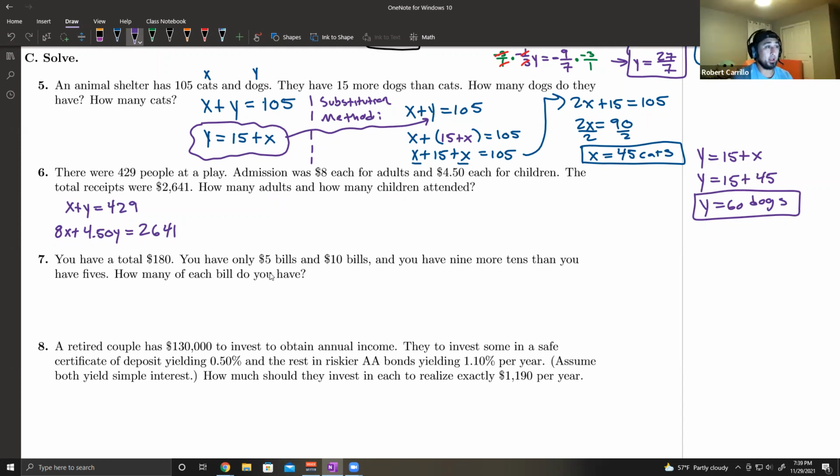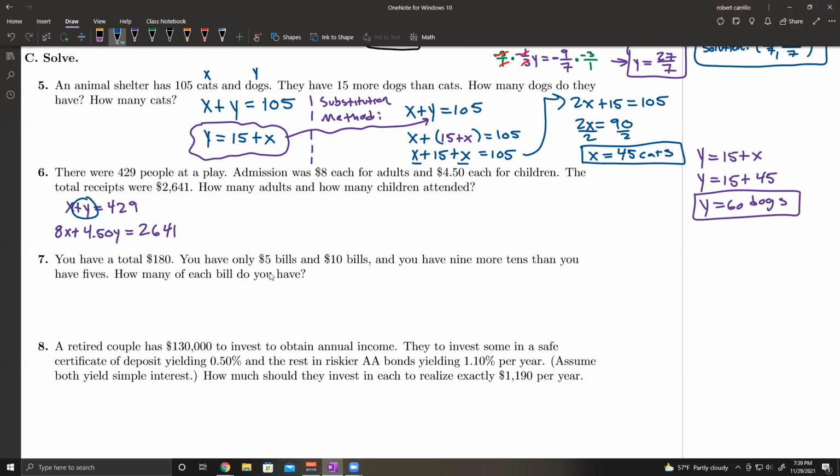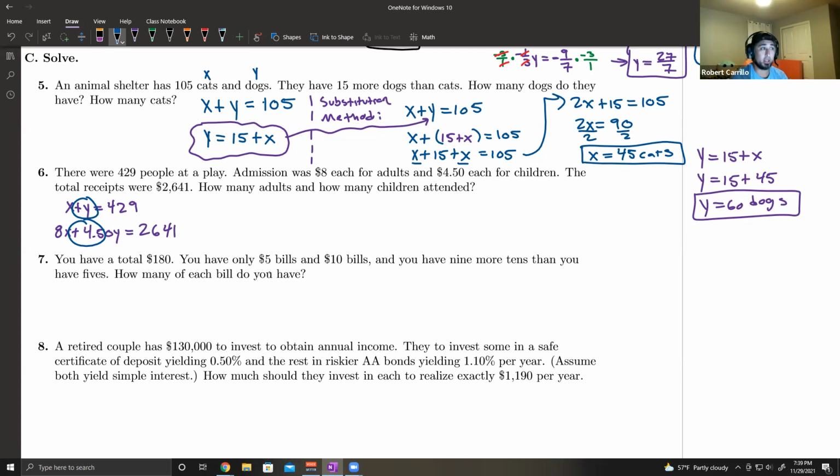If we want to get rid of Y, what would I multiply the first equation by? 4.50, but it's going to have to be positive or negative? Negative. Because right now, both of these are positive, so they can't cancel if they're both positive. One has to be negative, one has to be positive. So if we're going to get rid of y, the first equation must get multiplied by negative 4.50.